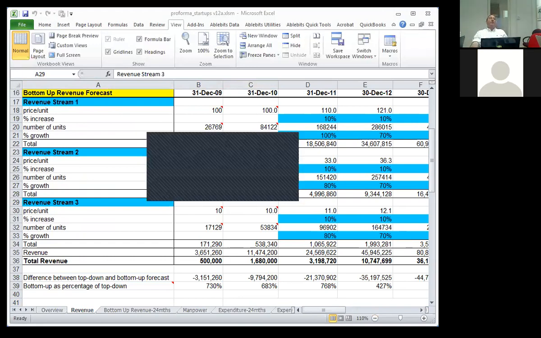This is bottom up revenue model to me. So starting with how many basic subscription packages we are going to sell, times, there can be another level here, right? Number of subscriptions times price of subscription.